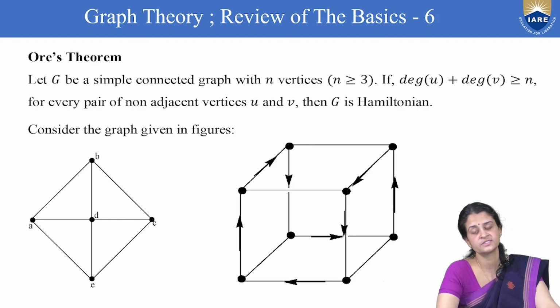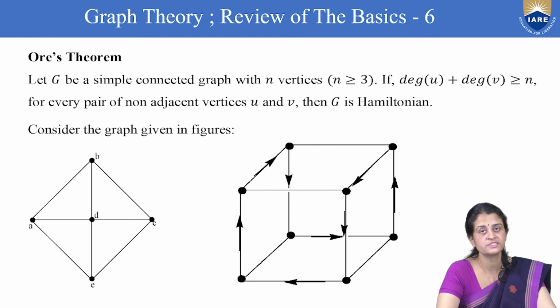Now just Ore's theorem. It is also a condition; Ore's theorem also gives an insight into whether the given graph is Hamiltonian. Let's see the statement. Let G be a connected graph with n vertices, where n is greater than or equal to 3.